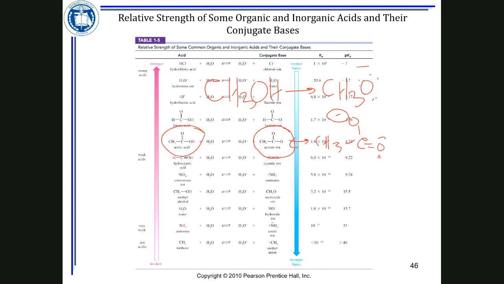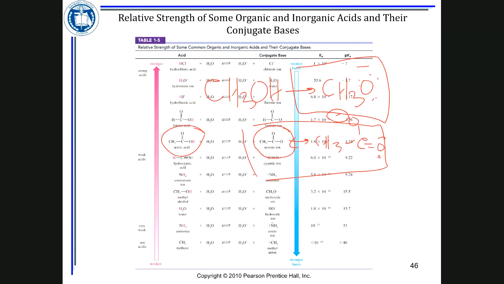So for alcohol, after losing hydrogen, there is no resonance. For acetic acid, after losing hydrogen, there are two resonance structures. I just want to make sure that you can connect these dots together. Which one is more stable? This is the acid, that's the conjugate base, and for acetic acid's conjugate base you have two resonance structures.